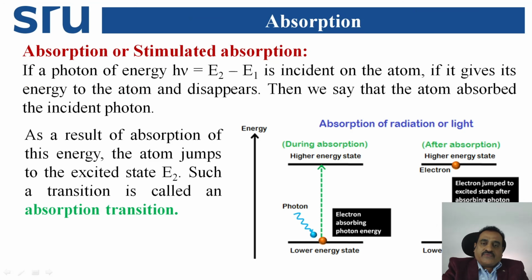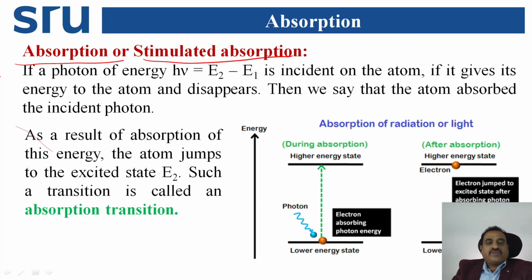So coming to the first one, absorption or stimulated absorption. Let us begin with the first process, absorption. Suppose an atom, here you can see, this is the lower energy state E1, this is the higher energy state E2, this is the population in E1, this is the population in E2.